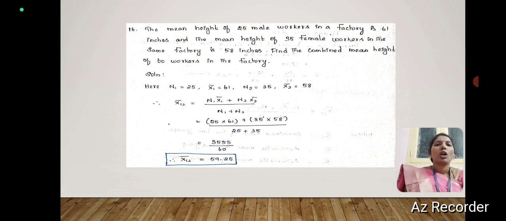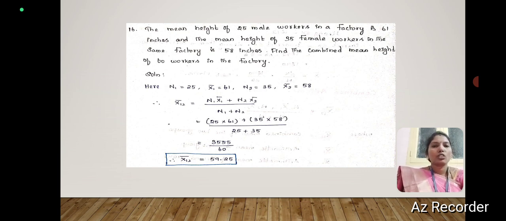Here, the given values are n1, that is the number of items in the first group, is 25 and n2 is 35. First group is male workers and second group is female workers. So n1 equal to 25, n2 equal to 35. And the first mean x1 bar equal to 61 and x2 bar equal to 58.